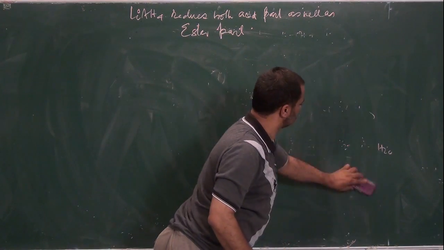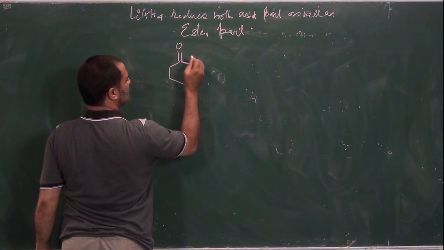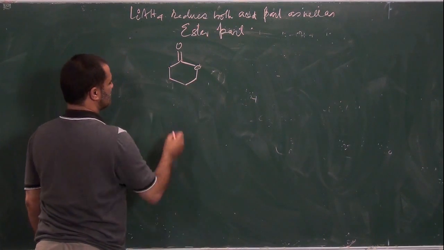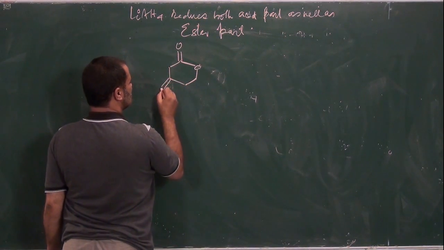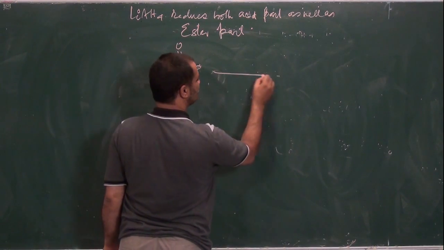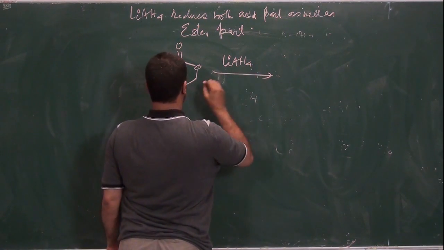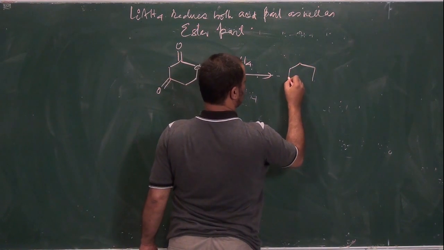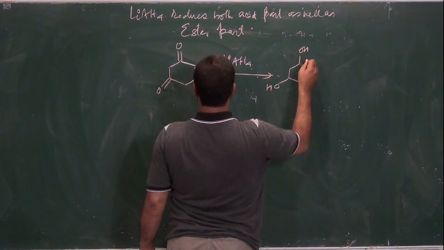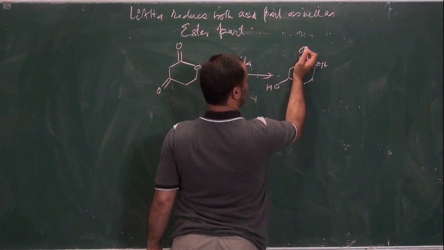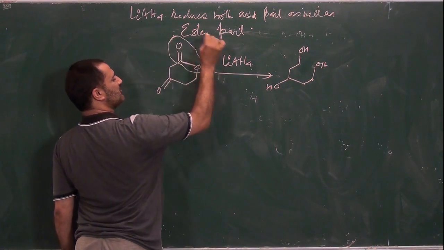For example, this is an ester and this is the carbonyl part, treated with lithium aluminum hydride. So what will you get? This is OH, and this can also be OH. So it reduces this ester part, so the ester part can be reduced by lithium aluminum hydride.